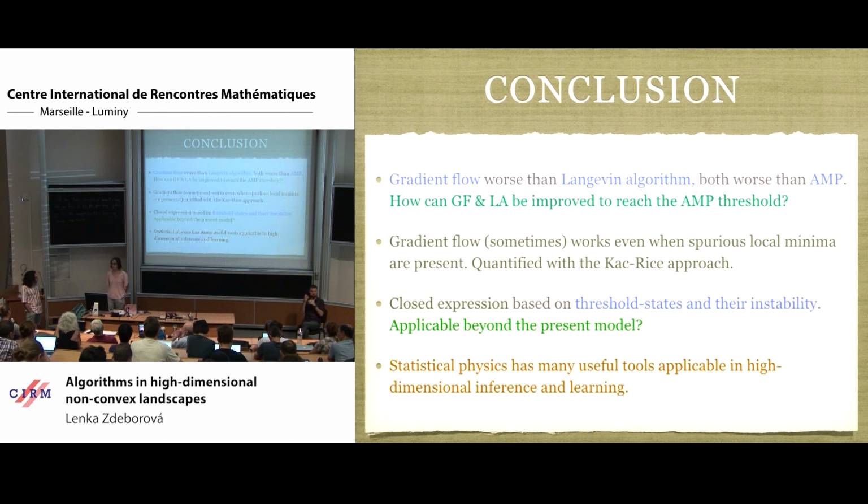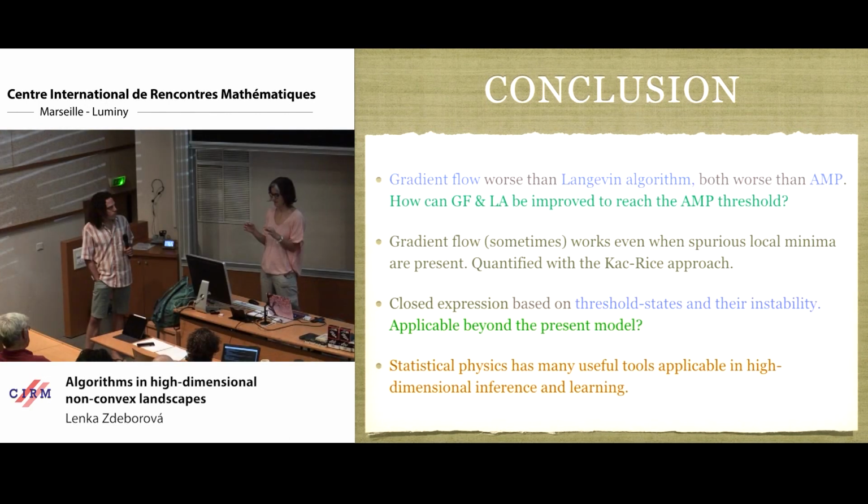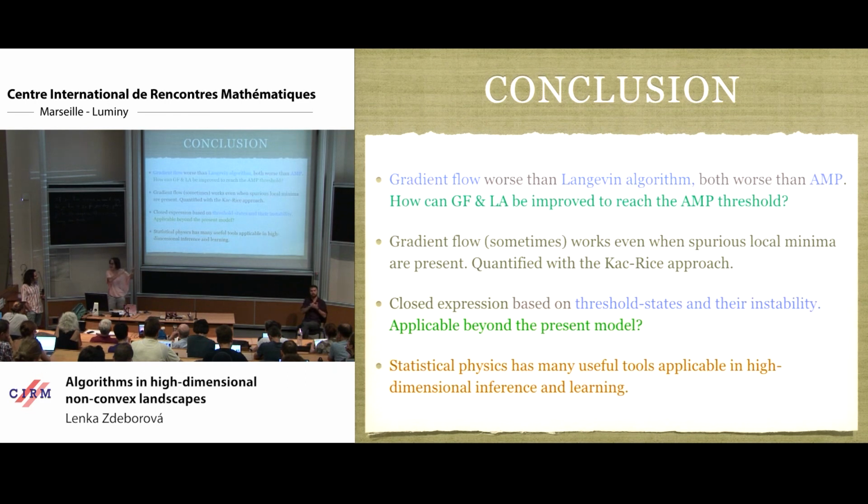No, that's a related kind of line of work, but for the problems that are not this spherical mixed p-spin, we can go partway in deriving these equations, but we will not get to the, maybe some of you didn't find them nice, but those equations were nice and closed and we can solve them reasonably.